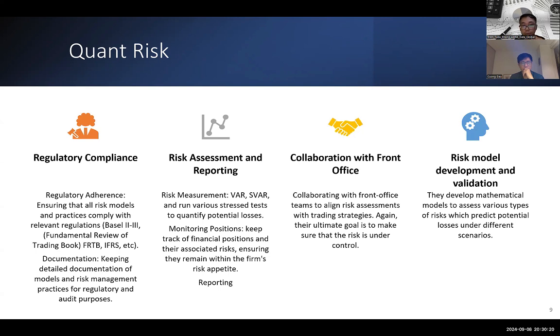And they have to monitor positions as well, to keep track of financial positions and their associated risk, ensuring they remain within the firm's risk appetite. And reporting is always important in this aspect of the profession. They collaborate with front office, right? To do what? To align risk assessments with trading strategy.